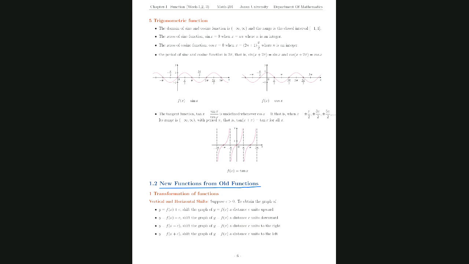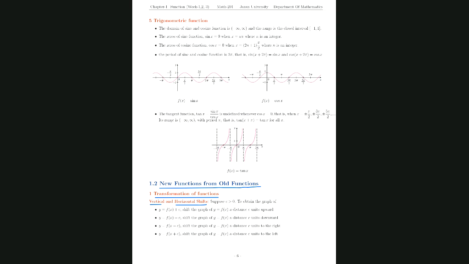Okay, and when the function reflects about the x-axis, and when the function reflects about the y-axis. Last lecture I discussed all. Okay, so here see the rules. Transformation of functions: vertical and horizontal shifts. Last lecture I explained this.